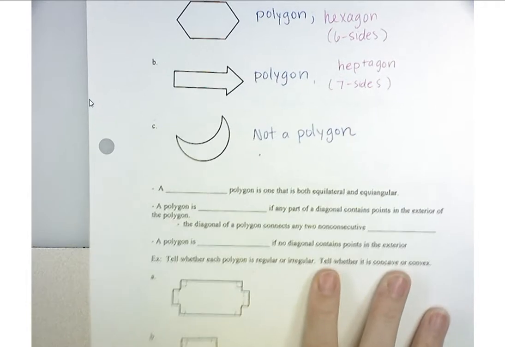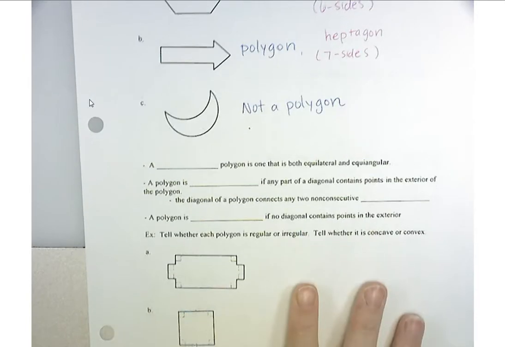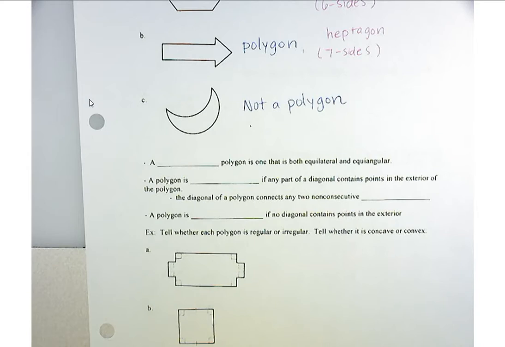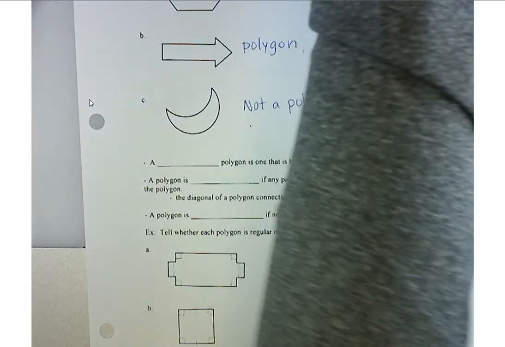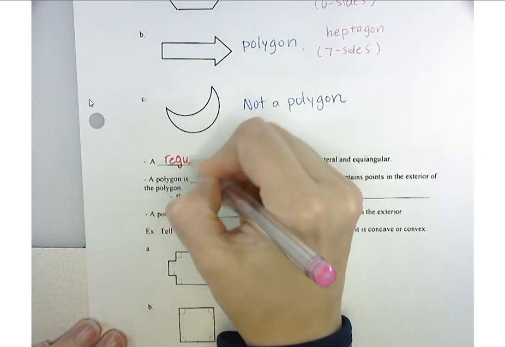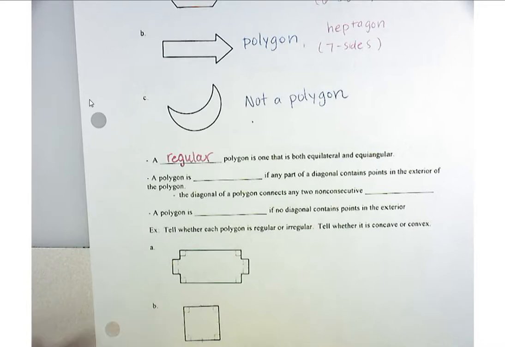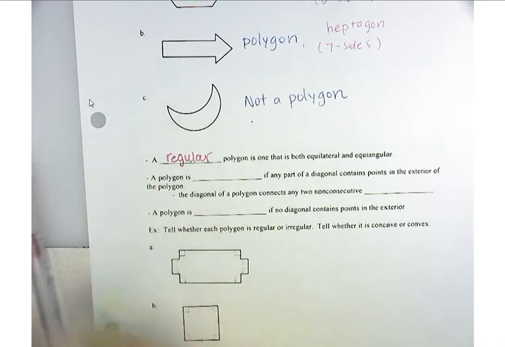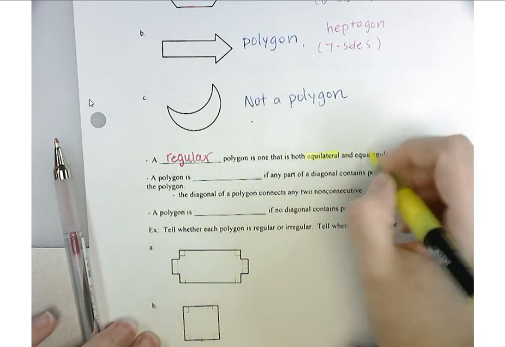Now, there are special types of polygons, and a lot of them are shapes that you see often. They are called regular polygons. If it is a regular polygon, it has 2 very special things. It is equilateral and it is equiangular.